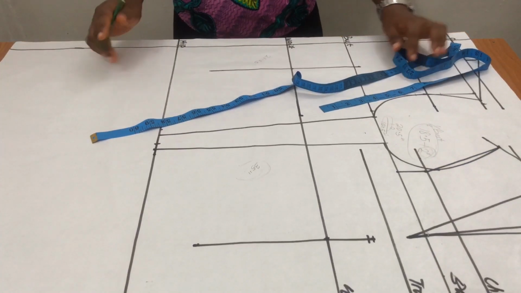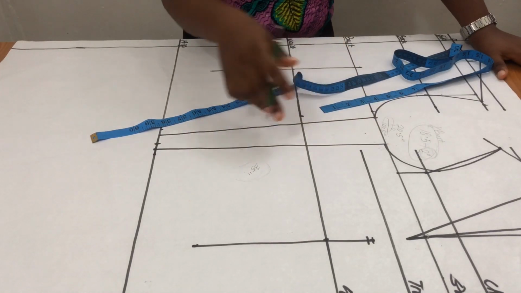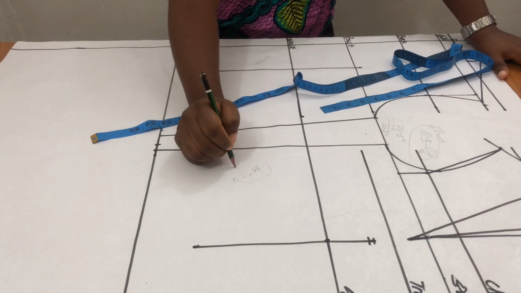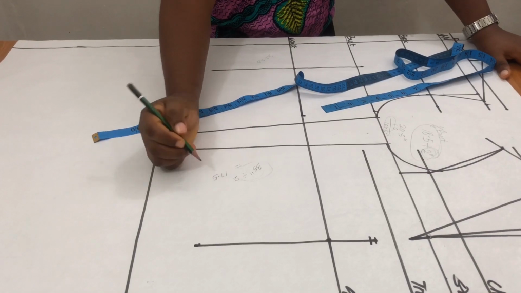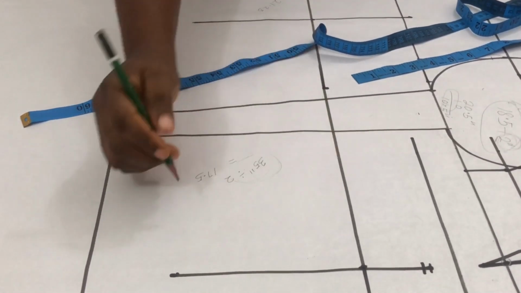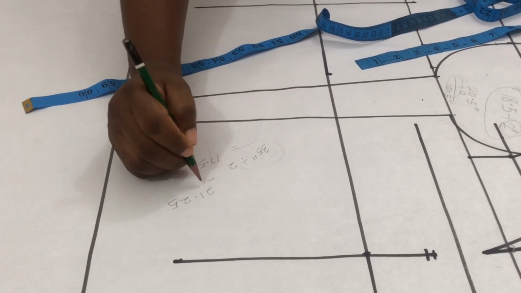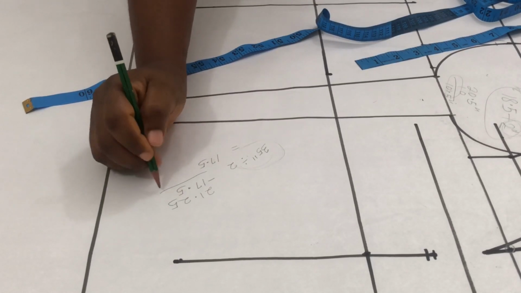Then I'm going to be taking half of my 35 inches because this is like a half scale. So divide your 35 by 2. Okay, 35 divided by 2 is 17.5. Now I have 21.25. Then I'm going to subtract 17.5 so that I know what my excess is.